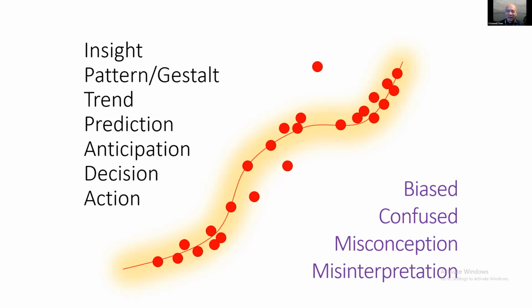The pitfalls and traps, or the potential limitations: by looking at the same visualization, or even using the same tool and the same data, what we may also get is bias and confusion, misconception, misinterpretation, or frustration.